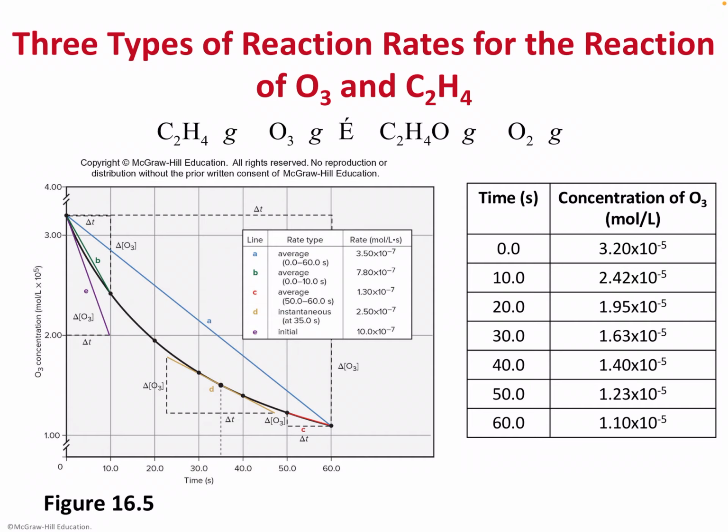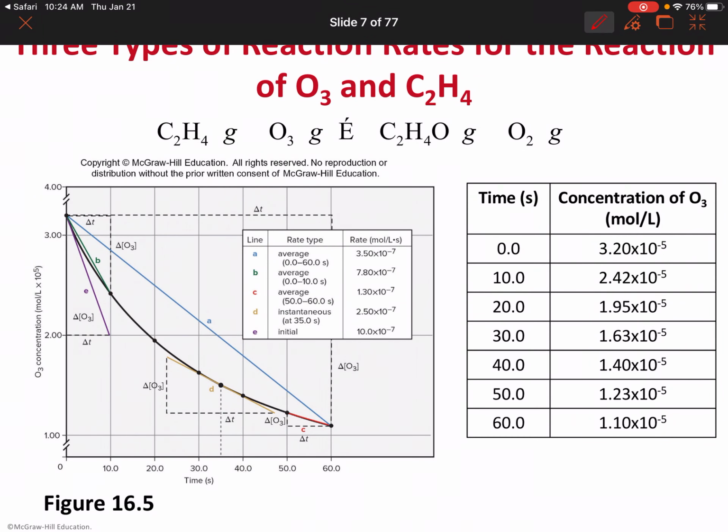So C2H4 is a gas, plus ozone gas, giving you C2H4O, which is also a gas, plus oxygen gas. Okay, so the three types of reaction rates. So now let's look at this graph and see what the three types of reaction rates are.